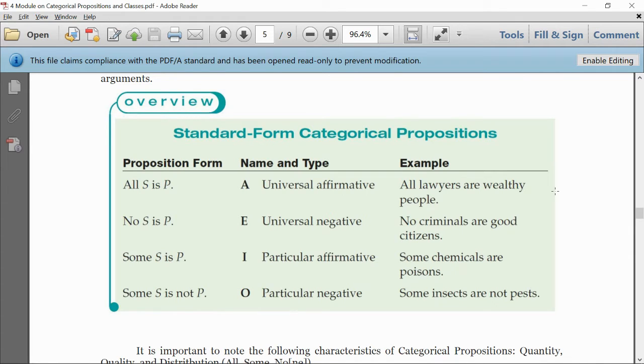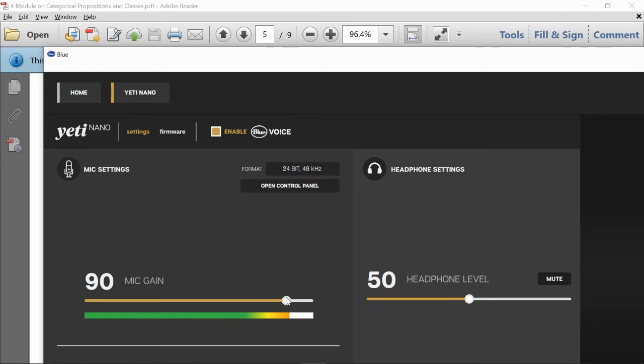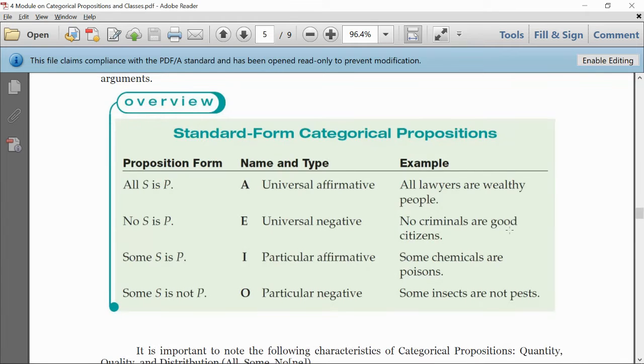You have to familiarize yourself with how to indicate which categorical proposition is being given.